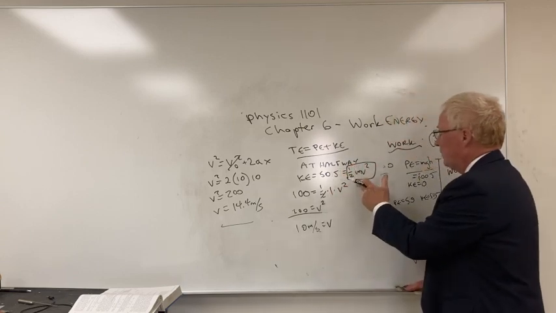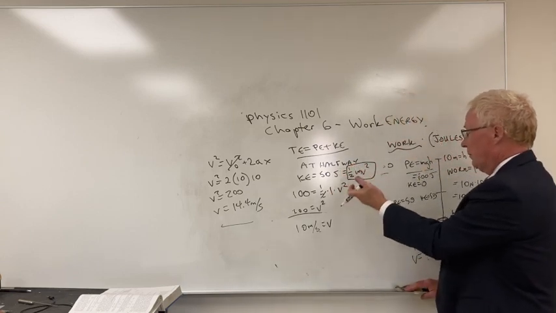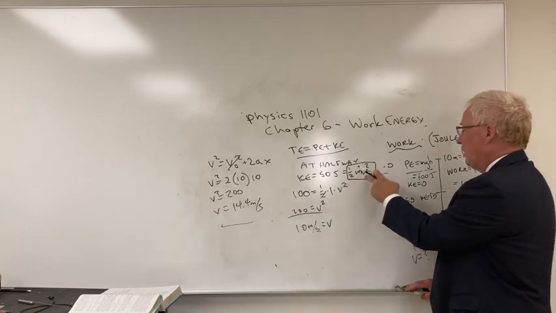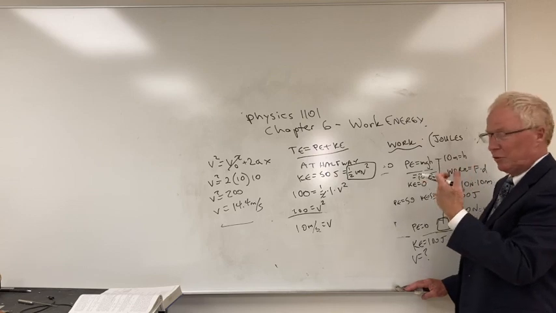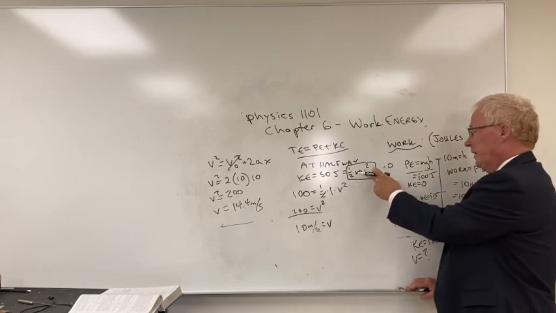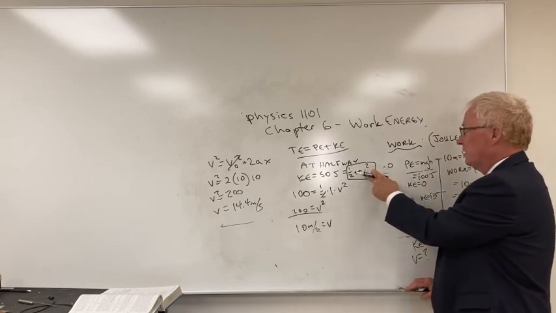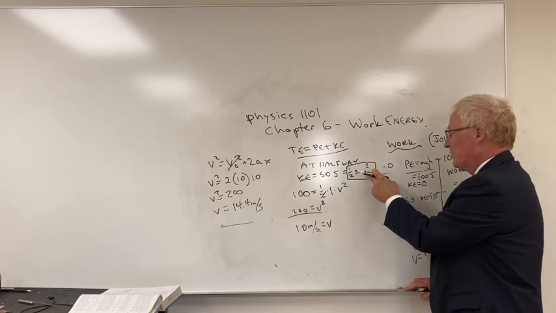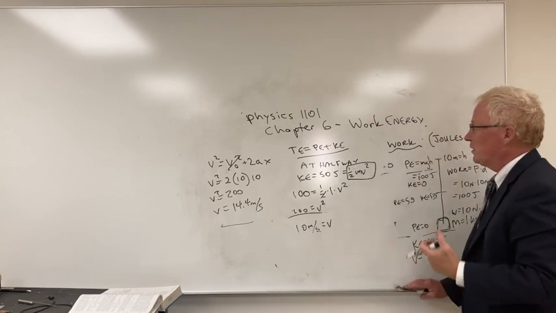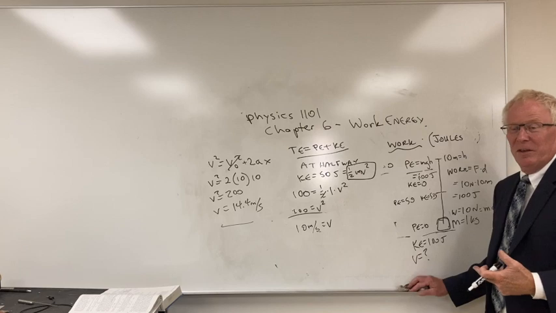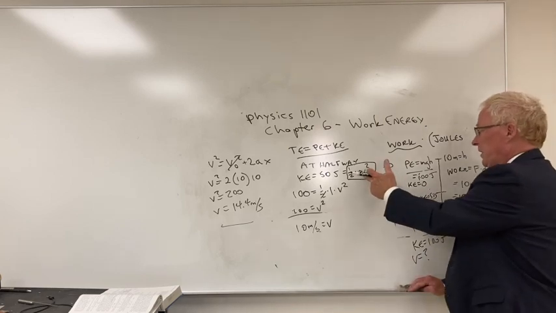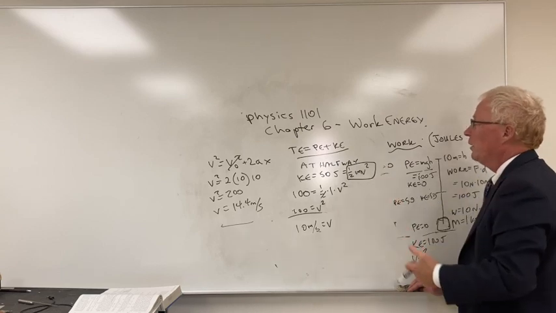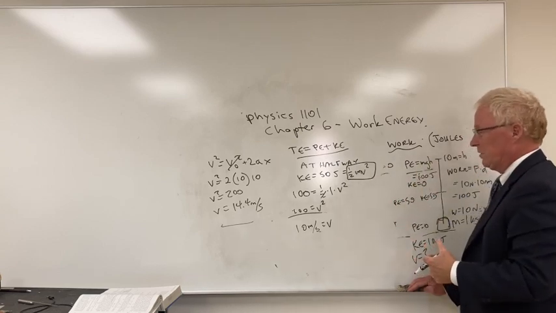So if you double the mass, you just double the kinetic energy. If you double the velocity, you quadruple it. It's double squared. So the kinetic energy increases quadratically with the speed. This is why things moving very fast can be very dangerous, because they have a high rate of speed, which means they have a large kinetic energy, which means it takes a lot of force to slow them down.